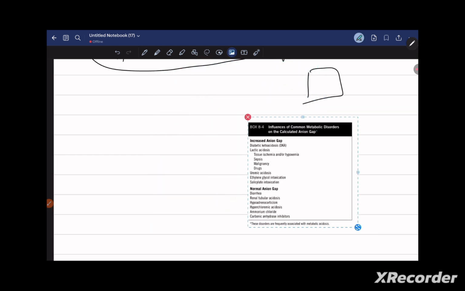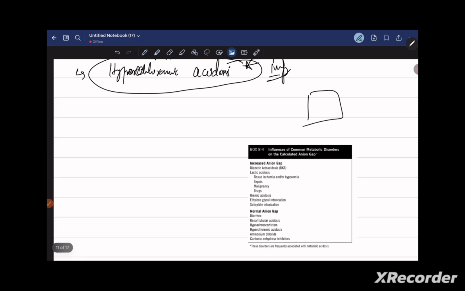Let me show you what they are. So remember, increased anion gap is seen in diabetic ketoacidosis, in lactic acidosis, and in uremic acidosis, in dogs and cats. It is also seen in ethylene glycol intoxication and in salicylate intoxication.